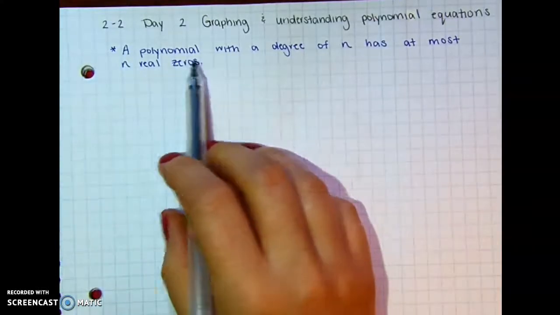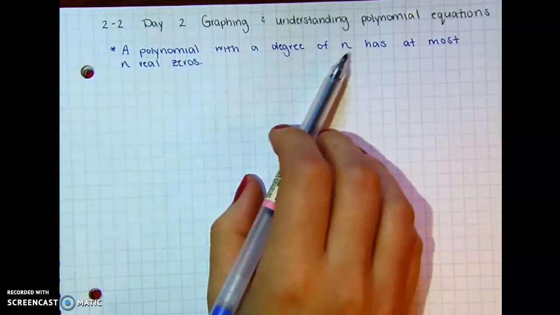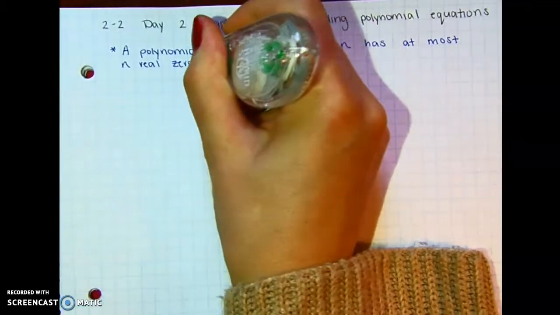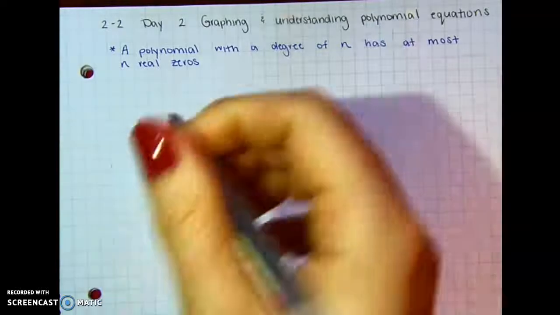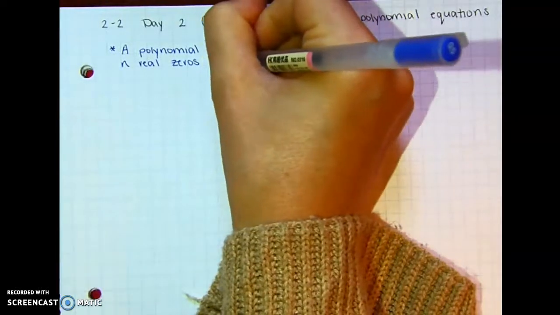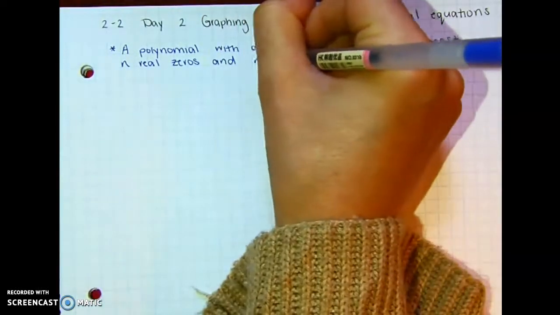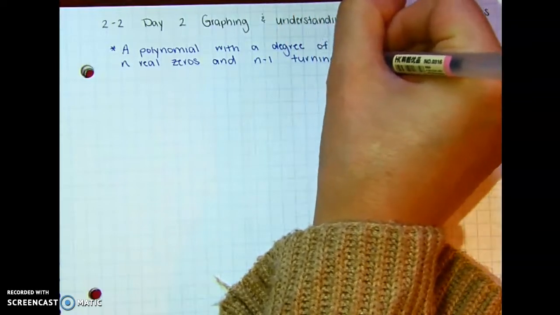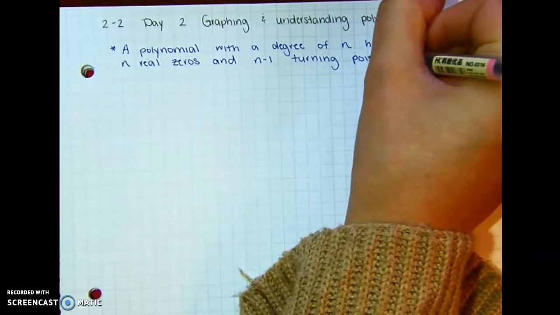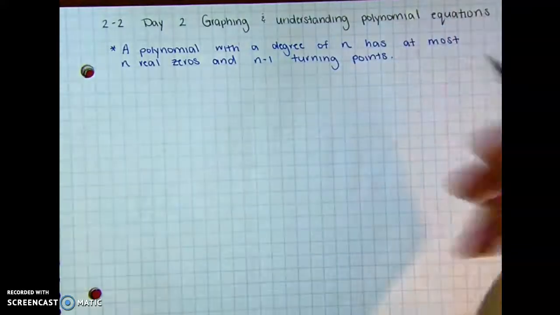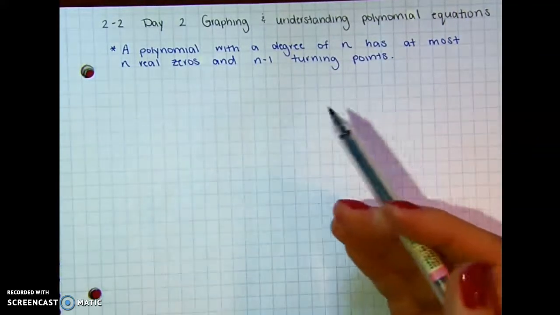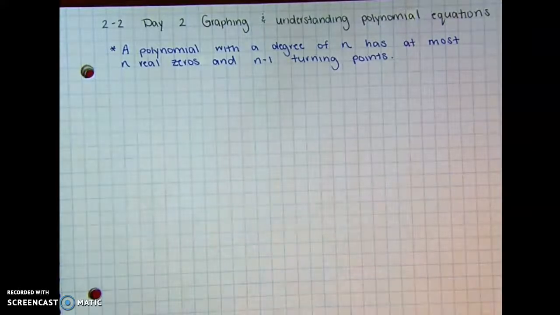So a quadratic has a degree of 2, so it has at most 2 real zeros, which makes sense. I don't want to end that sentence though. We'll say and n minus 1 turning points. So a quadratic has 2 minus 1 turning points, so 1 turning point, and that also makes sense.